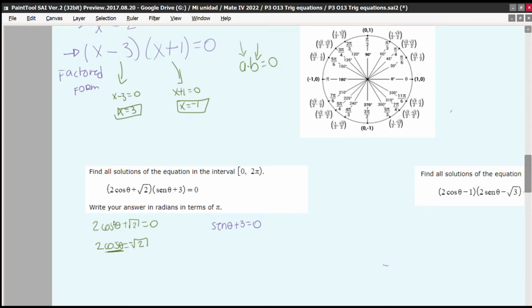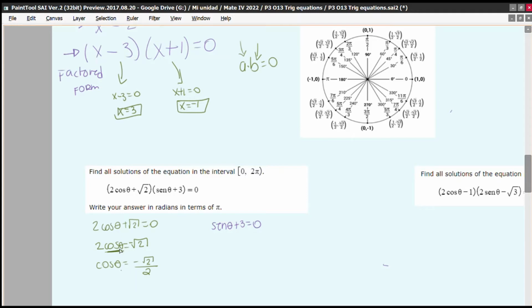So lastly, cosine of theta, I'm going to divide my entire equation by 2. So my cosine of theta is completely alone. And there I have this final solution. Now, I told you, Alex is not going to allow you to use a calculator, but you already know this answer.